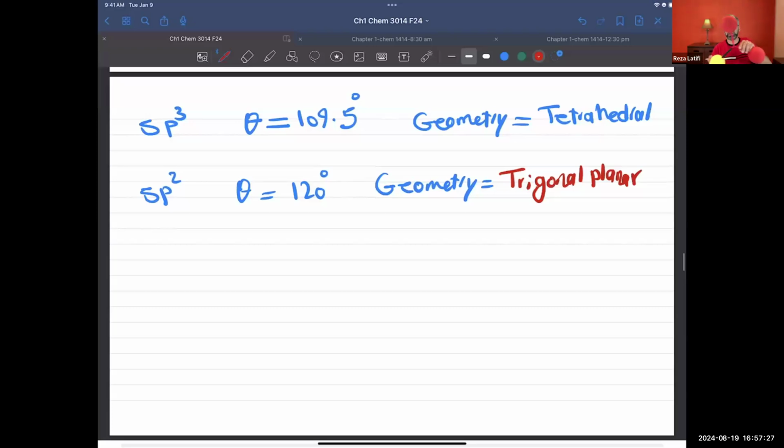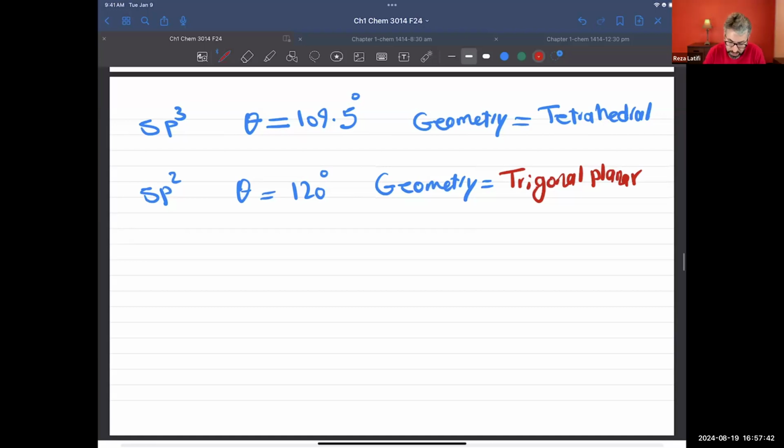I'm talking about this geometry. It's completely flat. What's the bond angle between the yellow, red, and yellow atoms? The bond angle here is around 120. The system is completely flat.